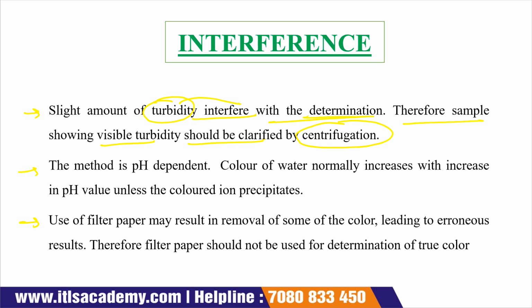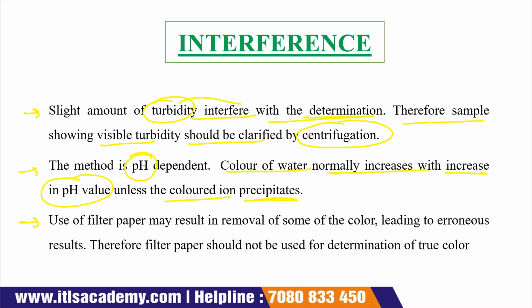Now the next interference is that this method, the platinum and cobalt method, depends upon pH. The color of water normally increases with an increase in pH value unless the colored ion is precipitated.